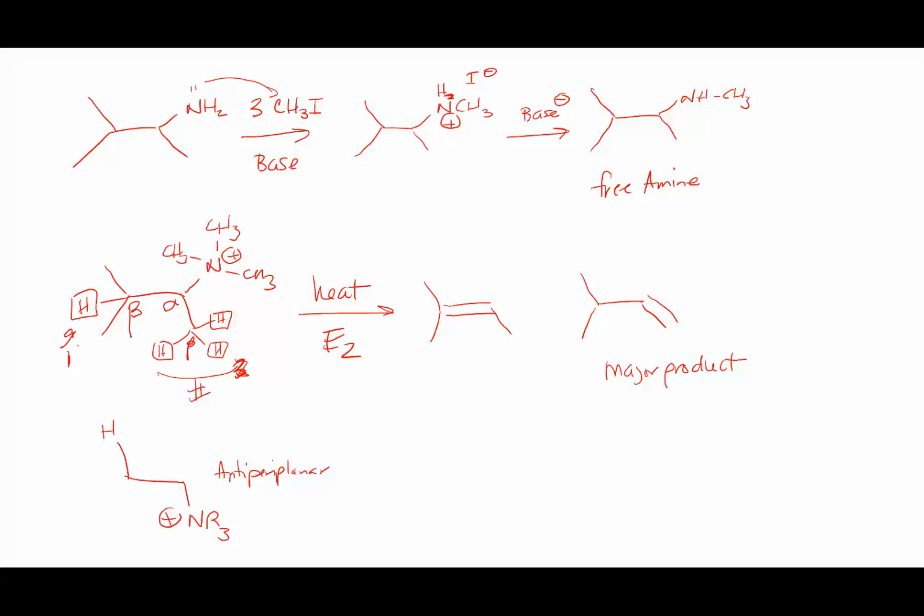Now I can restate that a little bit differently, but not much, to say how many different conformations are there here that lead to the hydrogen and the nitrogen being lost? 3. How many conformations over here are there? Just 1.